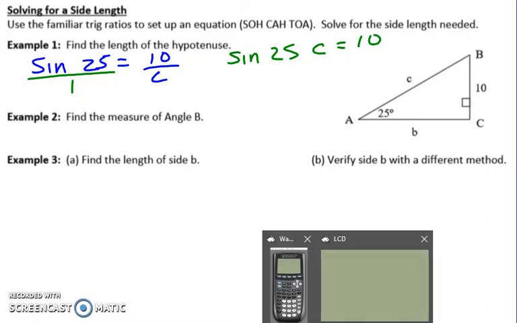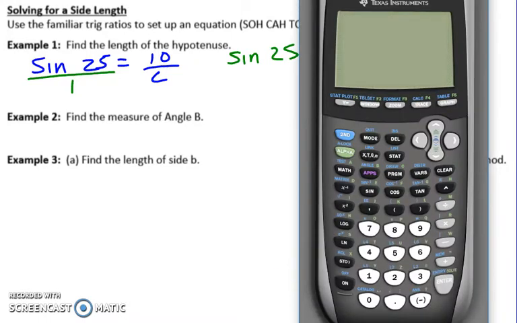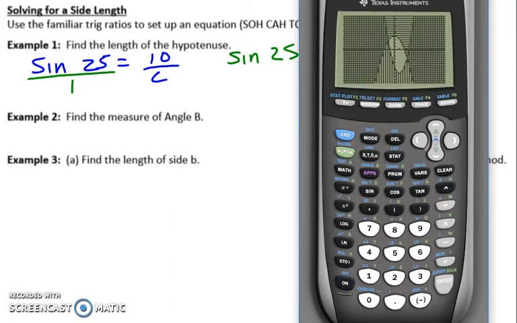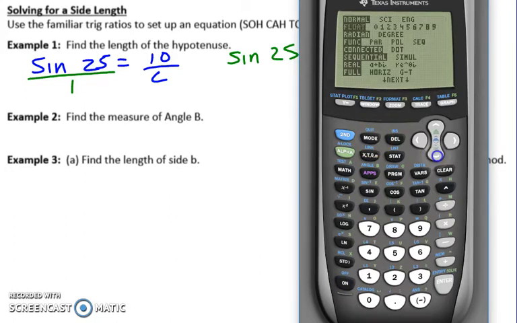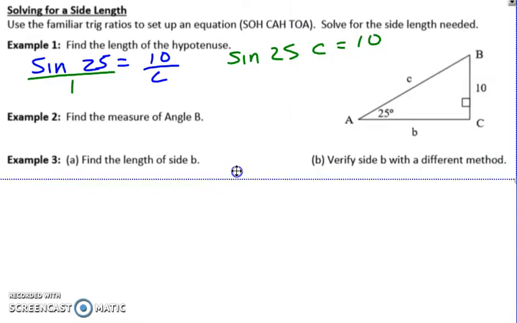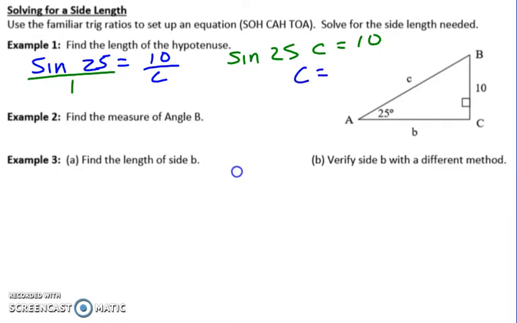Now, in your calculator, make sure that it is in degree mode. So press mode and make sure that your calculator is in degree mode. So highlight degree. Now, we can solve for c by dividing. So c is going to be equal to 10, I'm sorry, 10 that is, divided by the sine of 25.